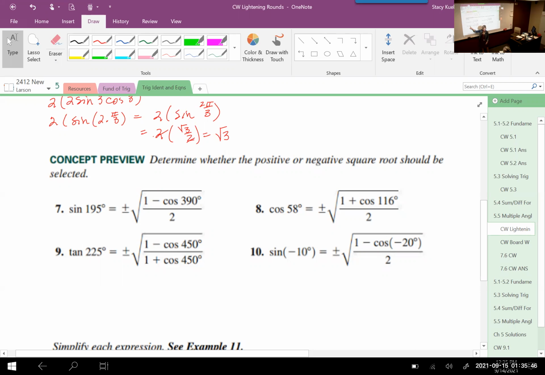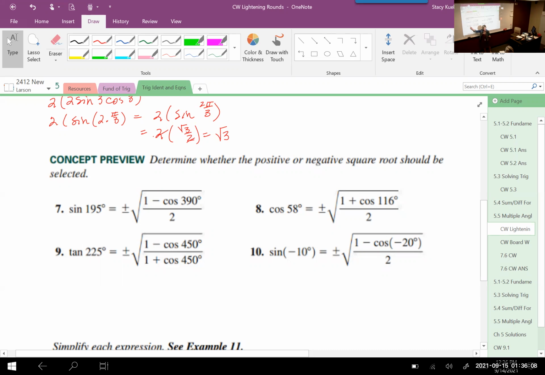Everybody's looking. Where is 225 at? Third quadrant, okay. So it's the third quadrant that's driving this. And is tangent positive or negative in the third quadrant?